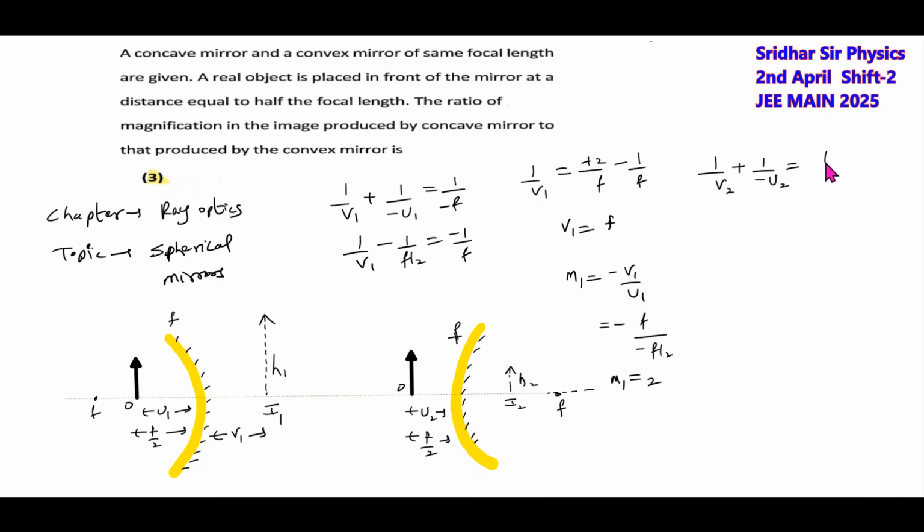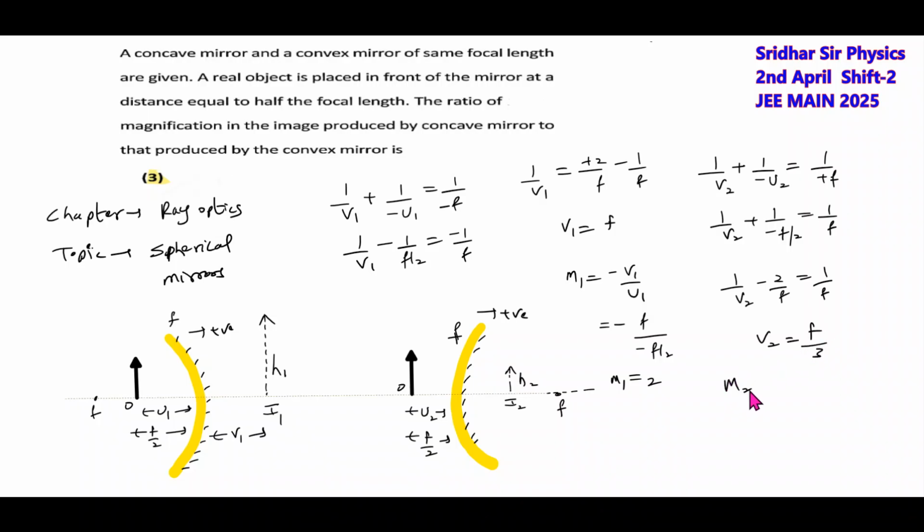minus 1 by u2 equals plus 1 by f, because this will be the direction of the incident ray. So 1 by v2 will be f by 3.